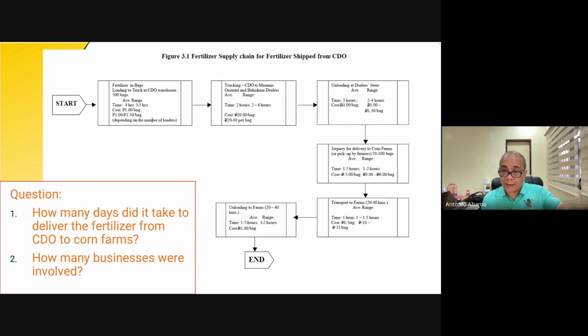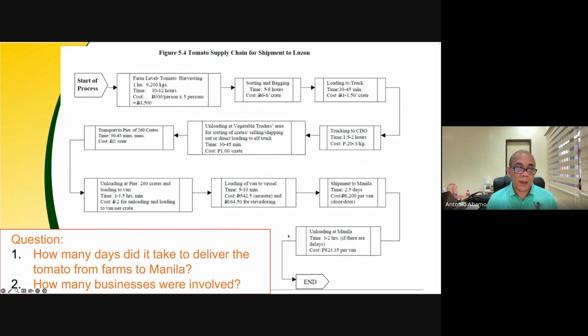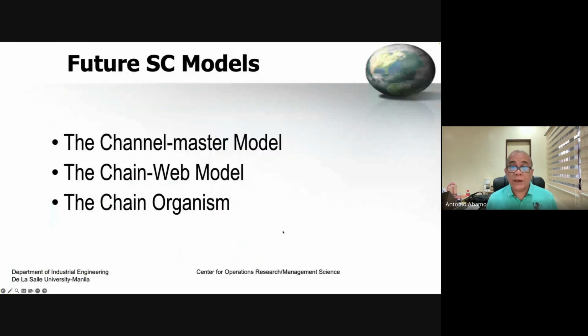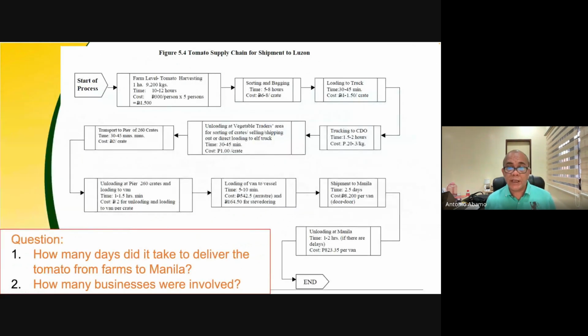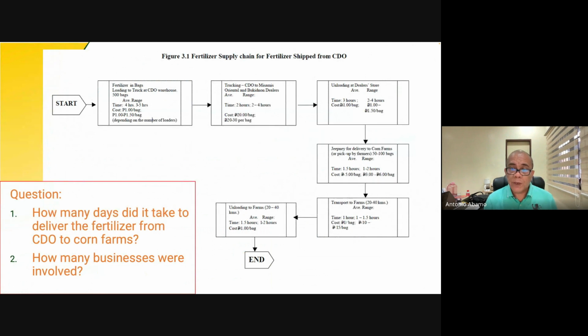So it's time bounded, from the start until, at any given time, it reaches your end customer in less than 2 hours, with a cost of 1 peso per bag.